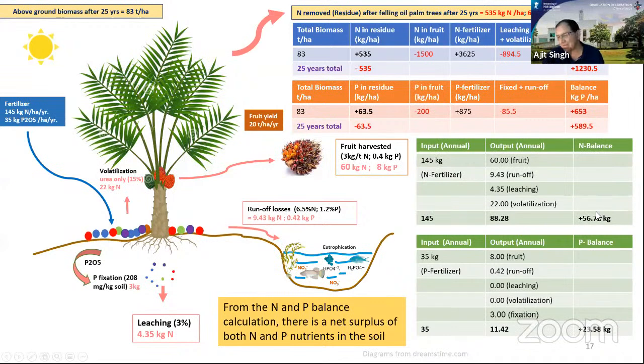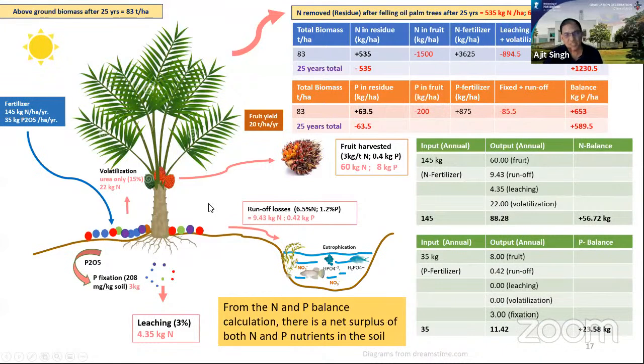But in this case, the surplus might be fixed in the case of P. But in the case of N, there is a concern because N will not stay in soil. It will be easily leached off, based on the rainfall that we have, very high rainfall, very high light intensity. So it's likely that this surplus will be lost, and you can imagine the amount of energy that is being used for the manufacture of N fertilizer.